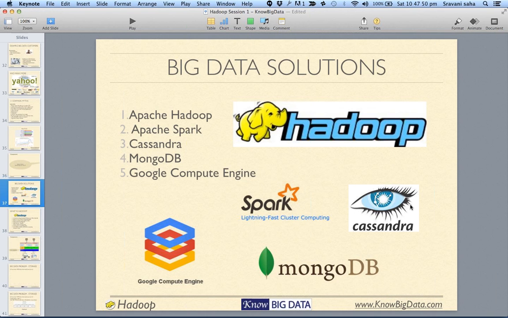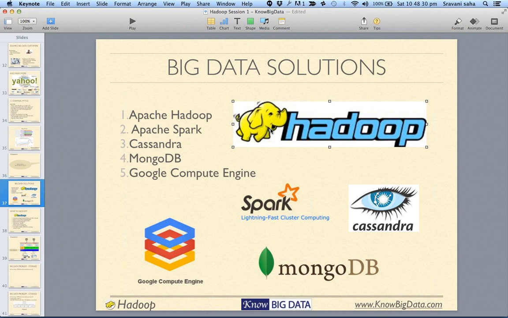Tarak's question is, can you give live examples of where Hadoop and others are used? Hadoop is used for any kind of data. Lots of organizations who have realized that their data is going to become bigger anyway install Hadoop by default to store their general data, general files basically.